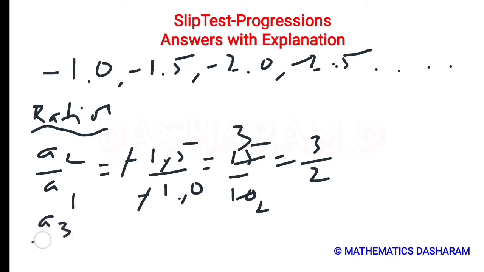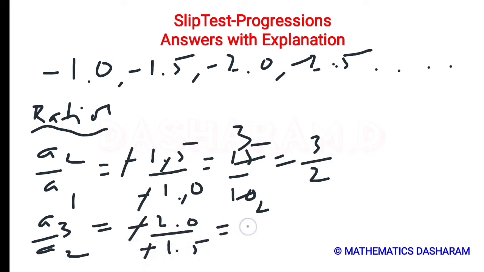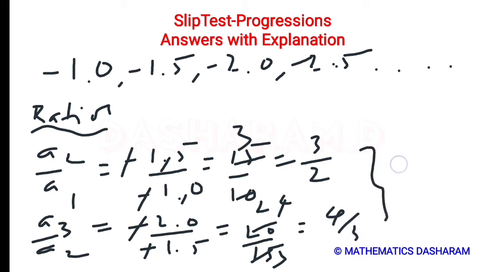Next, the second ratio is A3 by A2, minus 2.0 by minus 1.5. The minus cancels, so 20 by 15. 5 4s are 20, 5 3s are 15, so 4 by 3. So here the ratios are not equal, so it is not a geometric progression.